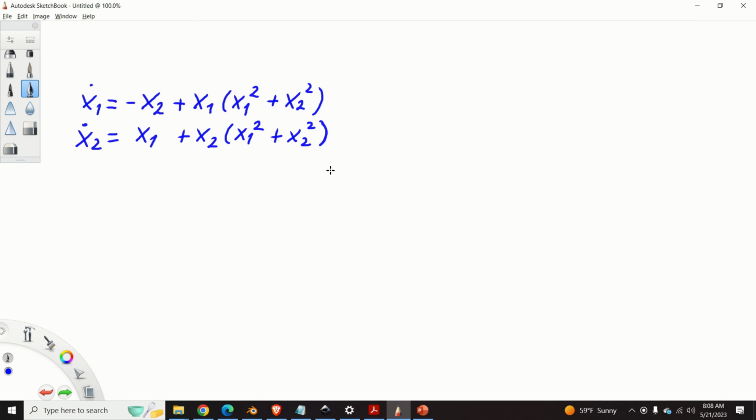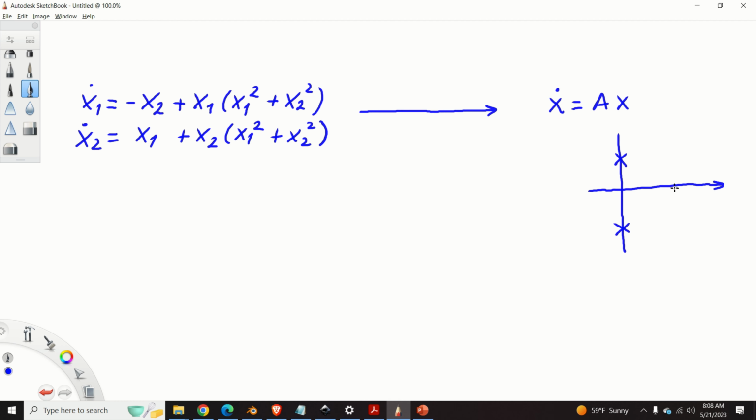Let's go back to our example. You will see in this video that the eigenvalues of the linearized system are on the imaginary axis. That is, the linearized system, or better to say, its equilibrium point is stable. And obviously, this is the third indefinite case.